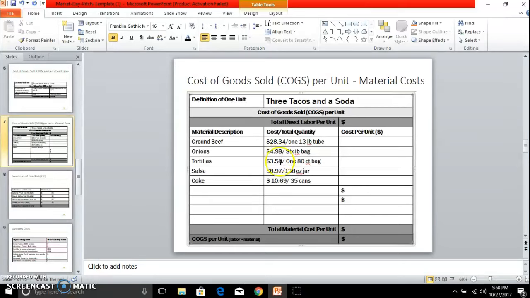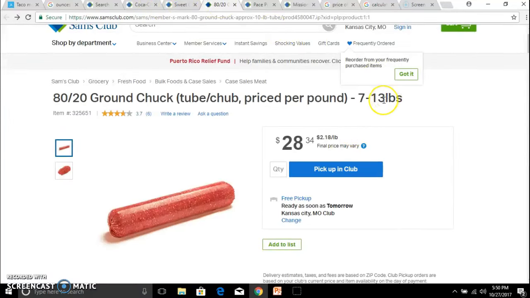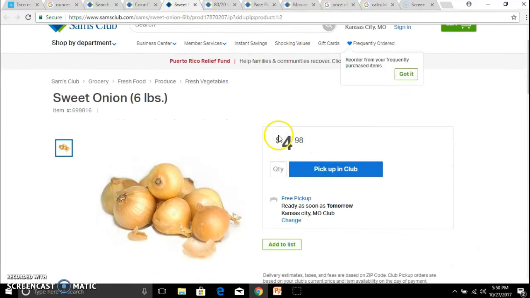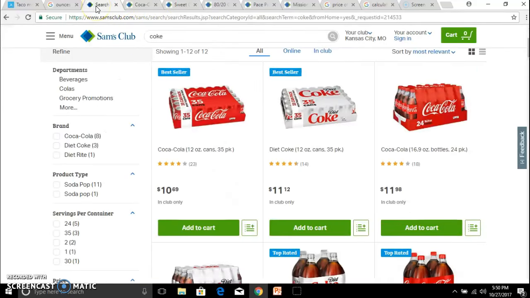Now I found this via Sam's Club, so I kept it simple with ground beef, onions, tortillas, salsa, and Coke. You can go to Sam's Club and see right here, this was a 13-pound tube, $28.34. A 6-pound bag of onions, 12-ounce cans, 35-pack.